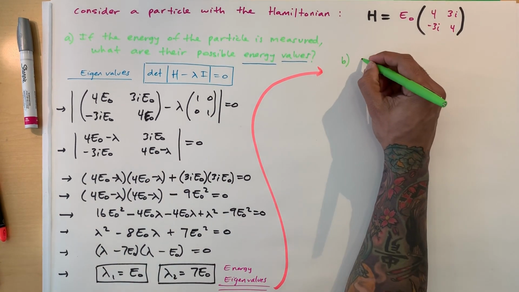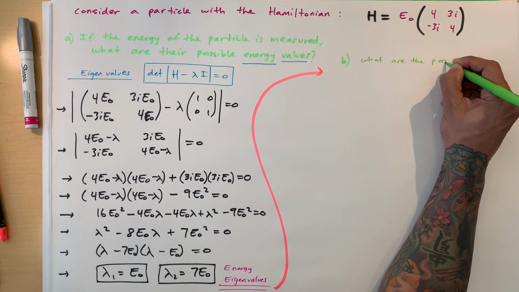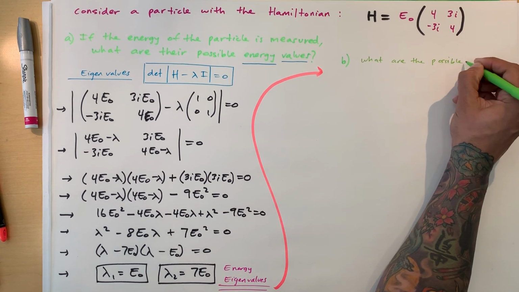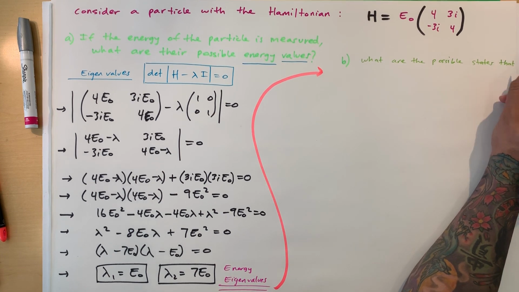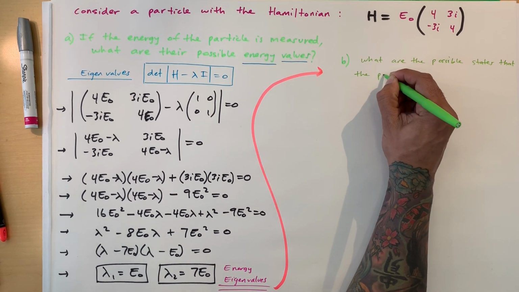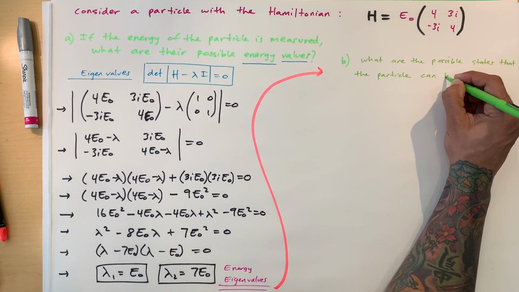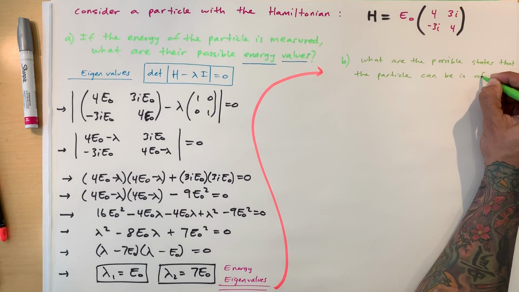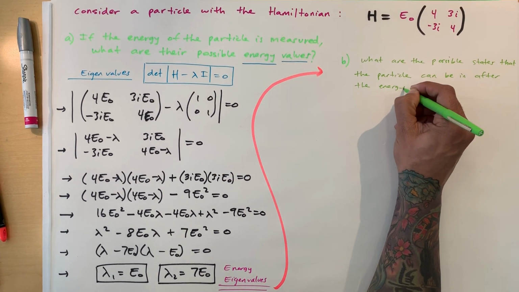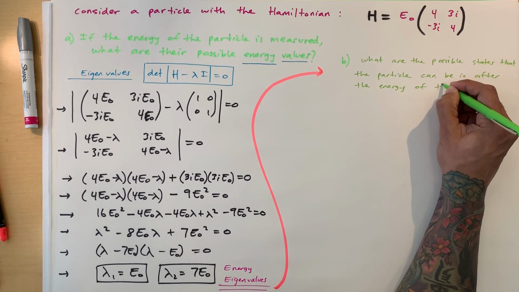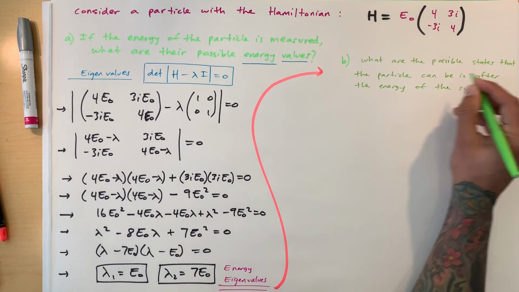What are the possible states that the particle can be in after the energy of the system is measured?